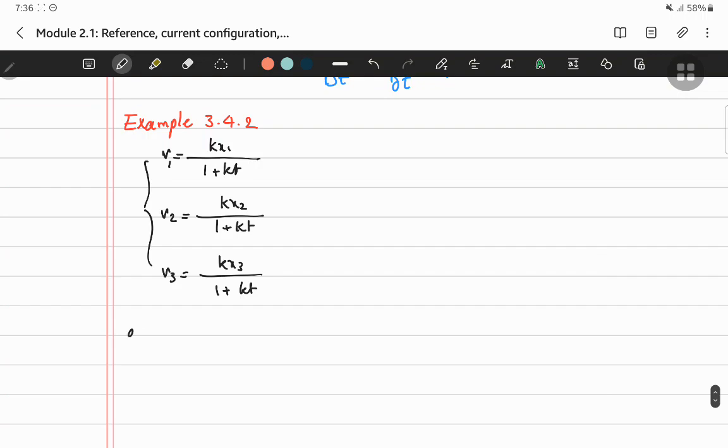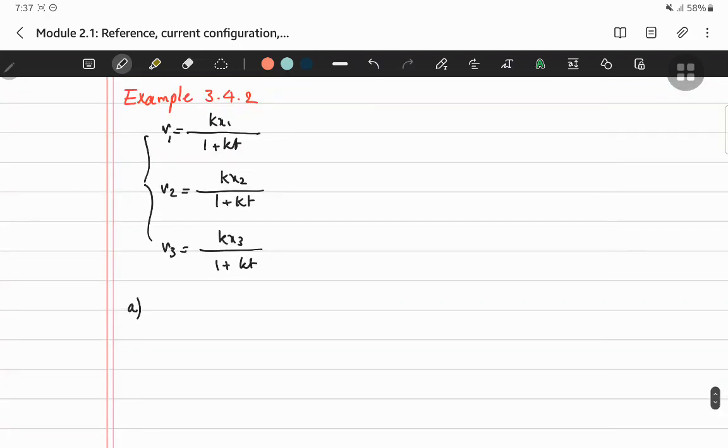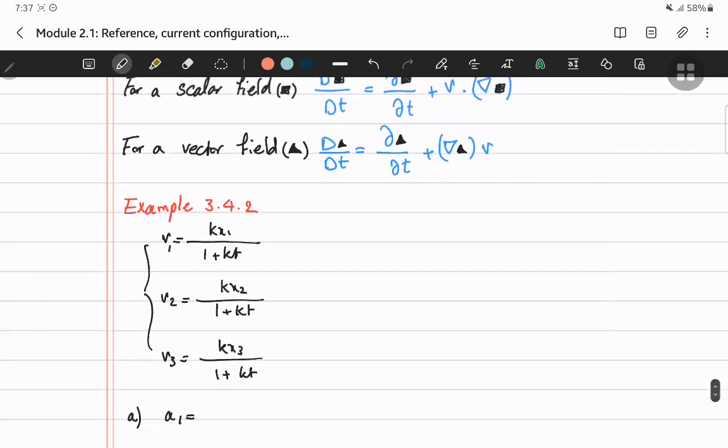In the first place, in part A, we're going to find the acceleration field. As you see here, everything is in the spatial coordinate. So I can write A1, for example, we already had it from here.